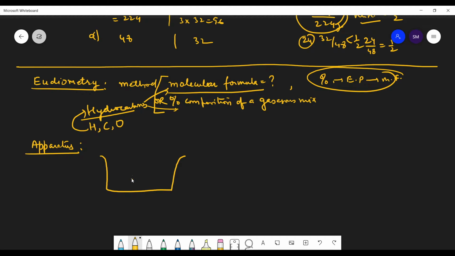Okay, so it's open at one end, this tube, and it's graduated, which means you can see the volume.